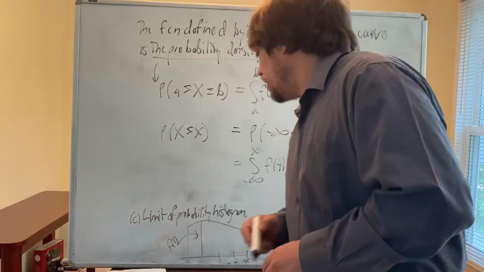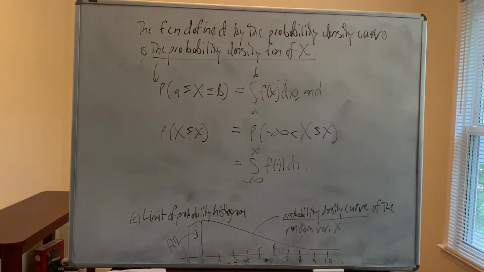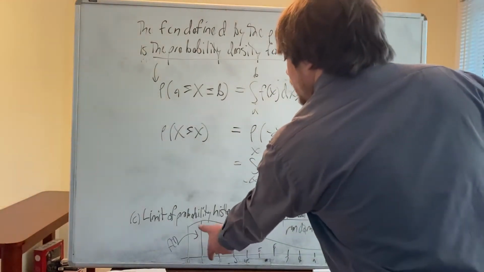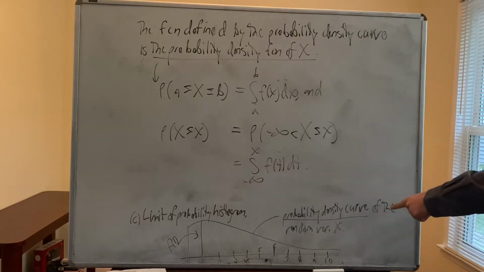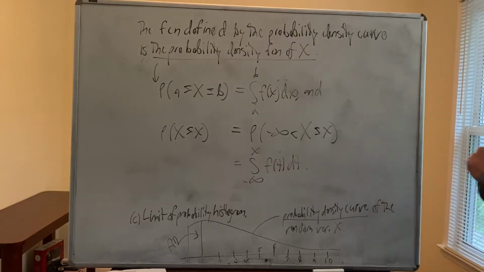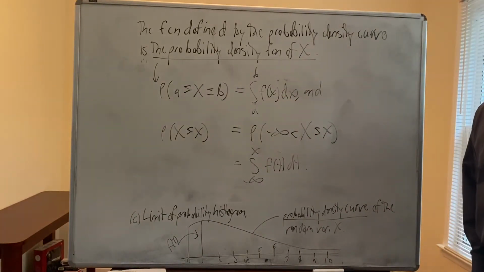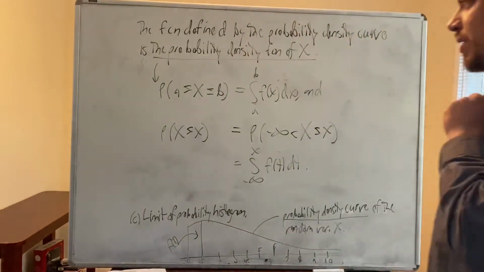You have to be a little flexible with what you thought previously. Here's 1. f of 1 is the height of that probability density curve at x equals 1, but that's not the probability that X equals 1. The probability that X equals 1 is not f of 1. It's not the height of that curve.